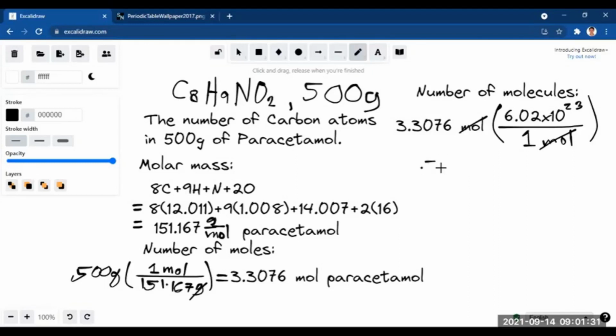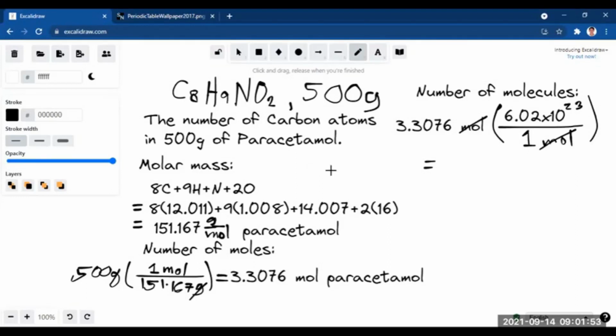We will have 3.3076 times 6.02 raised to 23. Okay, so we have 1.99.